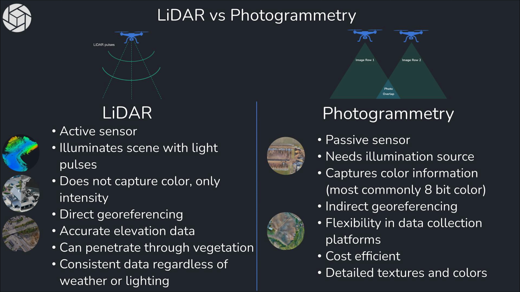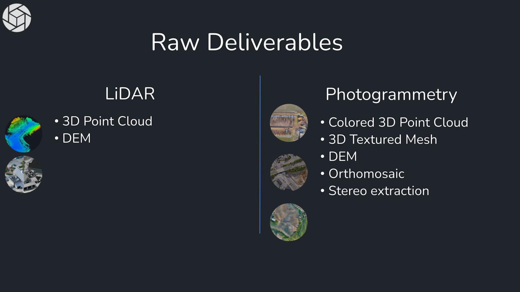Whereas with photogrammetry, we're talking about indirect georeferencing. Passive sensor needs an illumination source and very, very low cost images, but yes, indirect georeferencing versus direct georeferencing for LiDAR. That's going to become kind of a theme in this presentation.